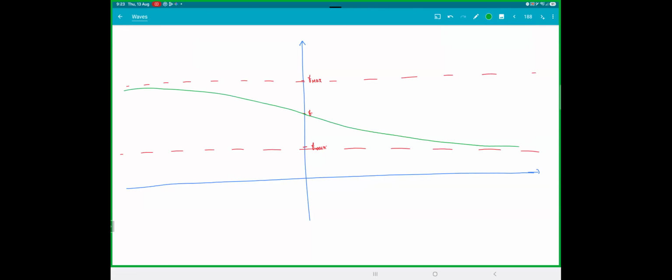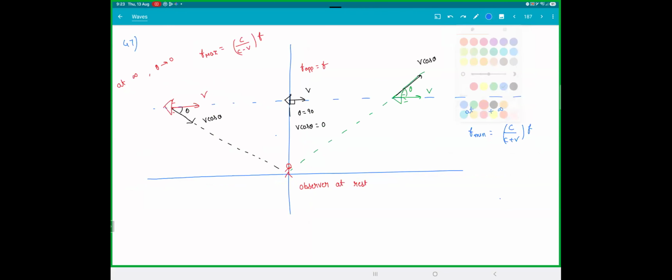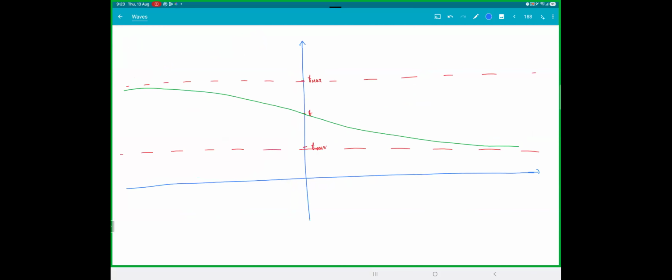The graph will always decrease. So at any instant here, the frequency will be c by c minus v cos theta. So there, have a look at the graph. So the answer is that the frequency is always decreasing.